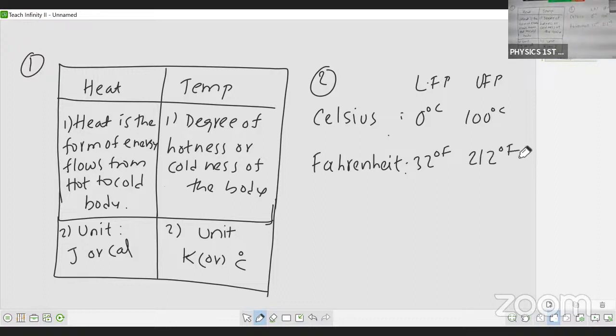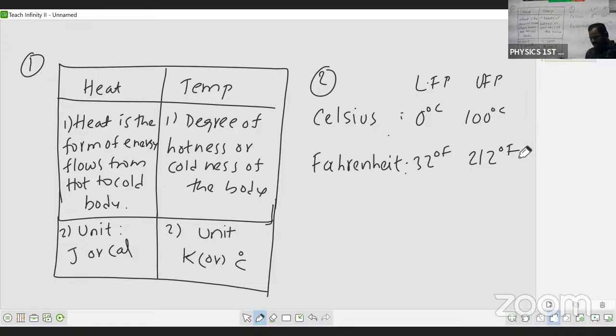Overall, the lower fixed point on the Celsius scale is 0 and on the Fahrenheit scale is 32 degree Fahrenheit. The upper fixed point is 100 degree Celsius on the Celsius scale and 212 degree Fahrenheit on the Fahrenheit scale.